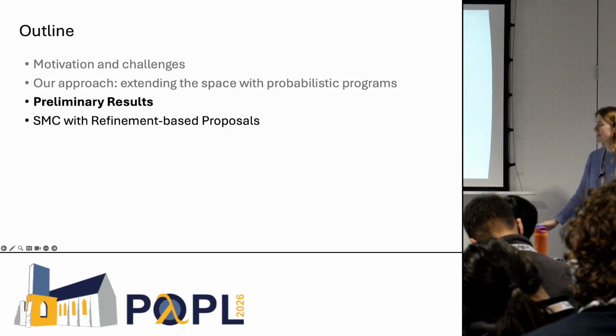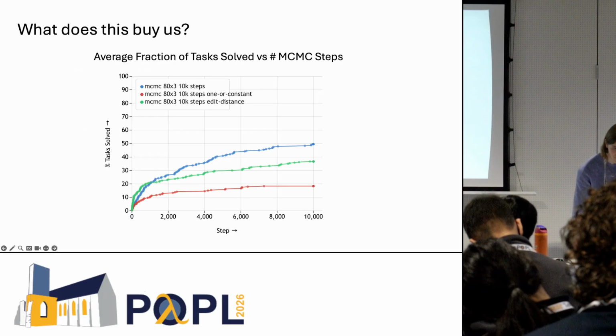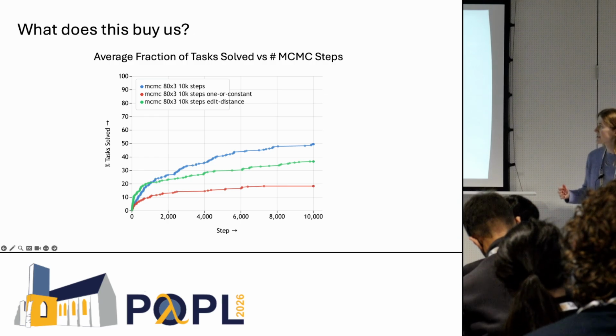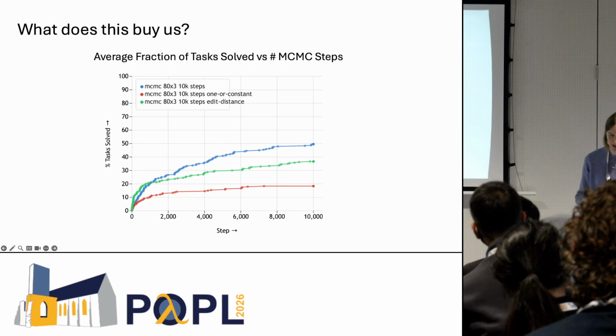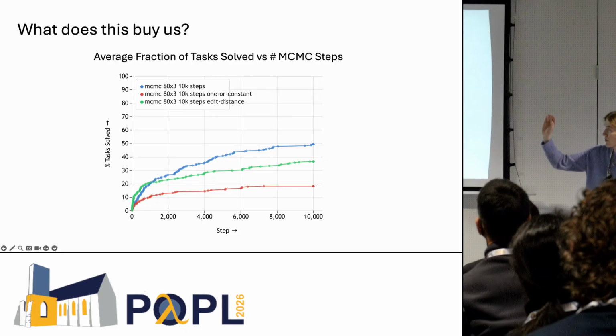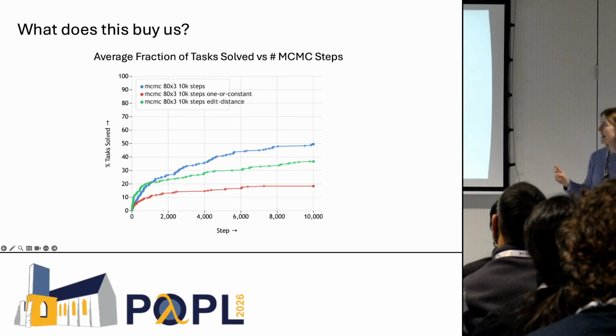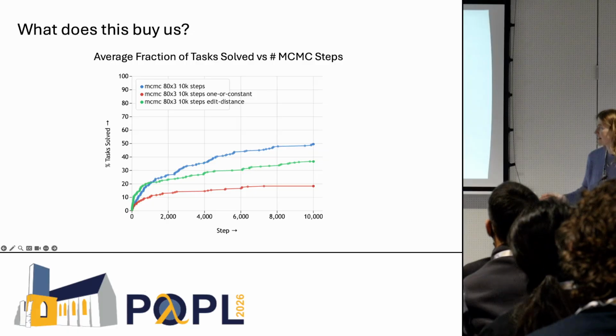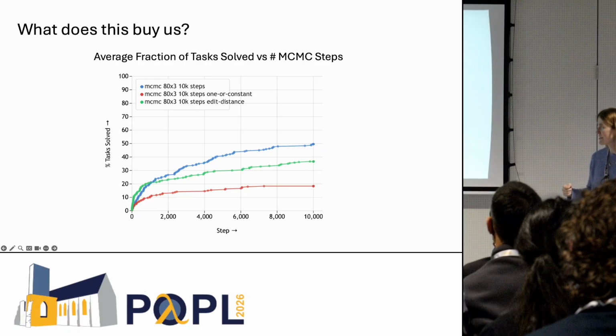So what does this actually buy us? Well, we find that in practice, it gives us a huge boost. So here's a graph with the y-axis being the average number of tasks solved in a data set of these list manipulation problems. And the x-axis is the number of steps of MCMC.